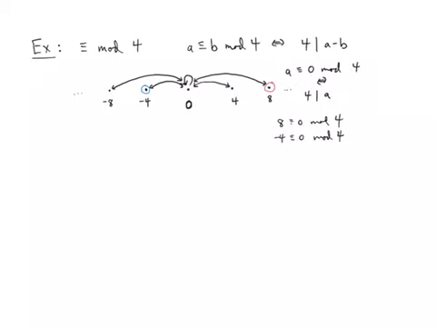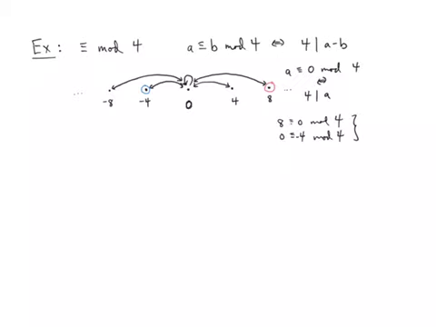But since we can get from 8 to 0 and from 0 to negative 4, we should be able to get from 8 to negative 4 directly, which we can see formally from this pair of things here, because, for example, you can switch the negative 4 and the 0. So I can replace this here with 0 is equivalent to negative 4 mod 4.